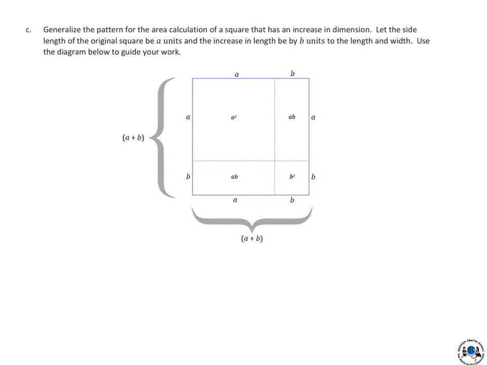Okay, letter C is going to ask you to now generalize the pattern for the area calculation of a square that has an increase in dimension. We're talking about squares only, which are a little easier to work with here. Let the side length of the original square be A units, and the increase be B units to the length and width.